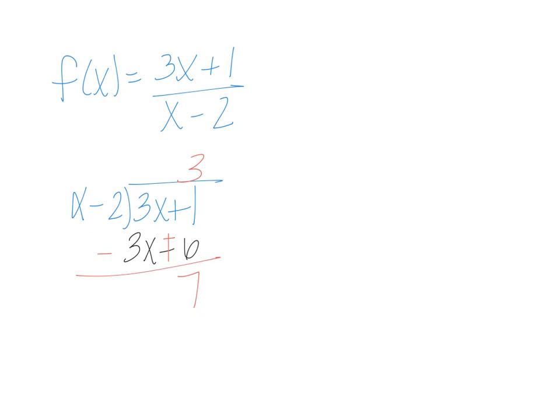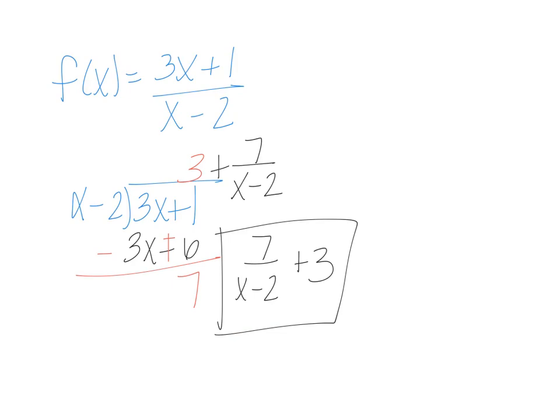And that's our remainder. So that becomes 7 over x minus 2. And when we write the plus next to it, we can rewrite that as 7 over x minus 2 plus 3. And there it is in HK form.